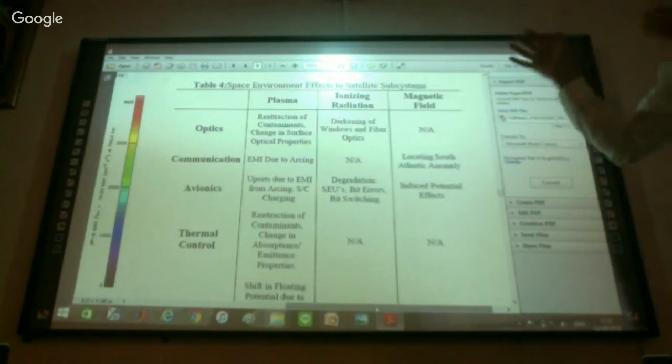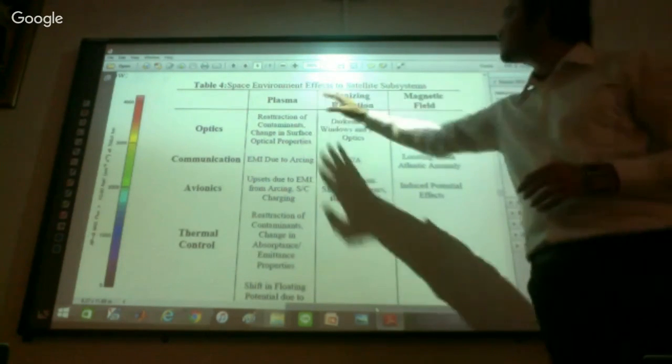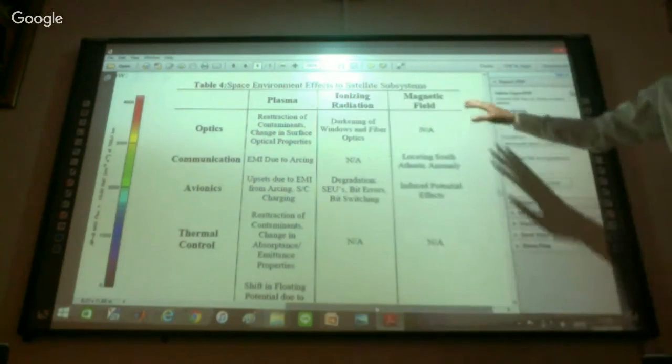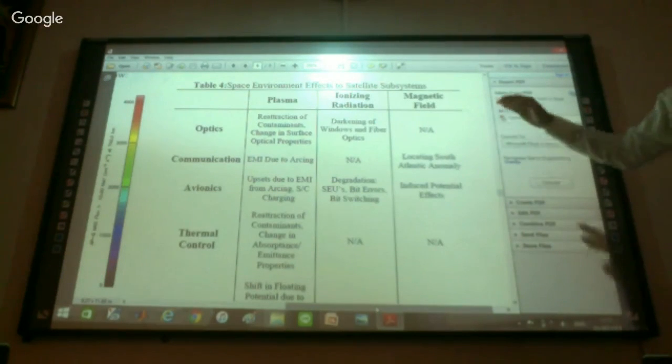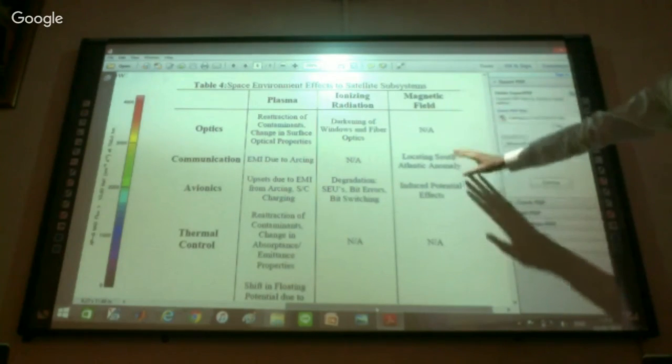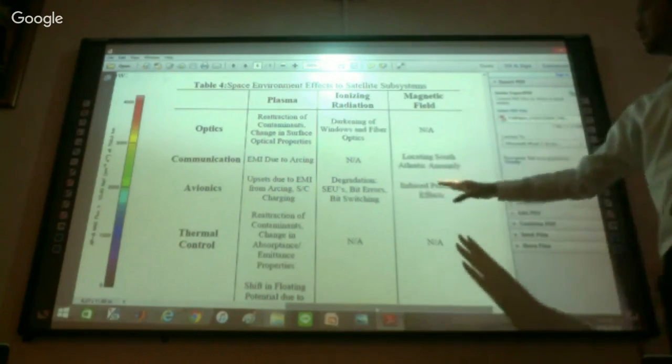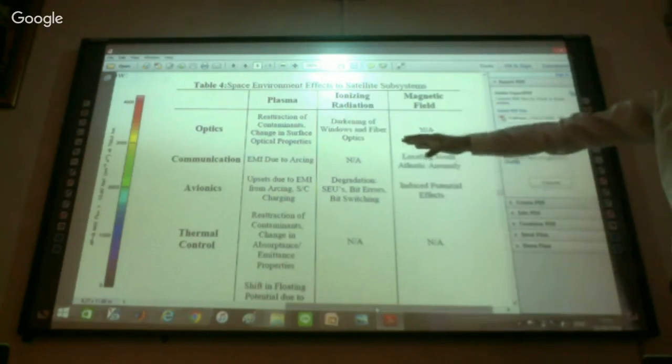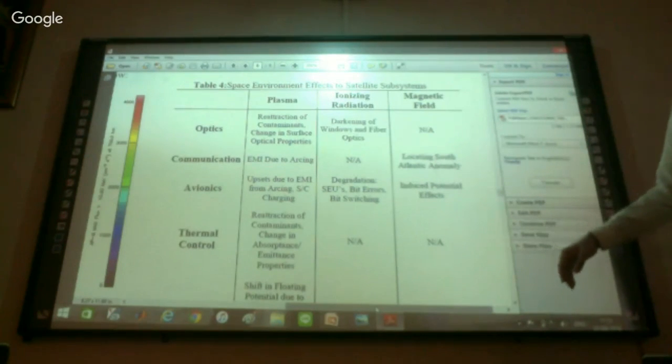In space we have the plasma, ionizing radiation, and magnetic fields. The magnetic field will damage the communication system, like the solar cells and the avionics system. Yes, that is the reason why we have to protect our satellite from this area. Is this your question? Yeah.